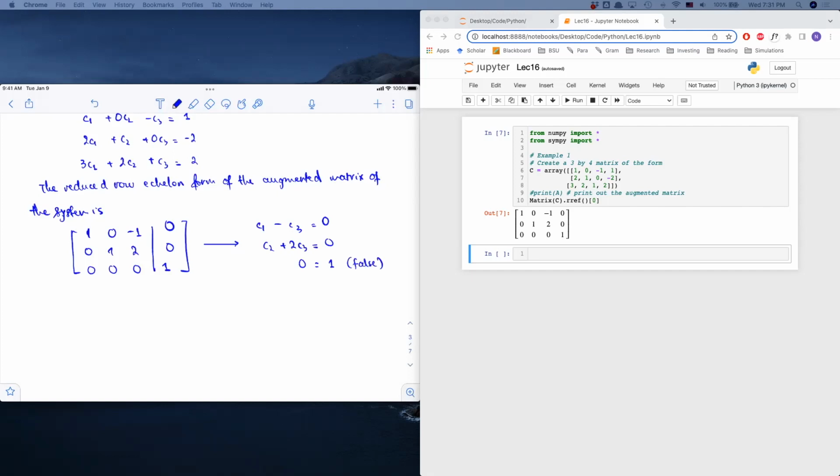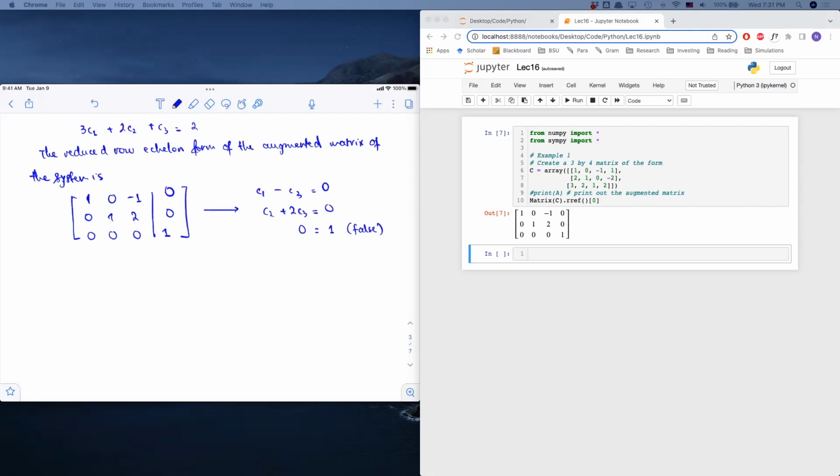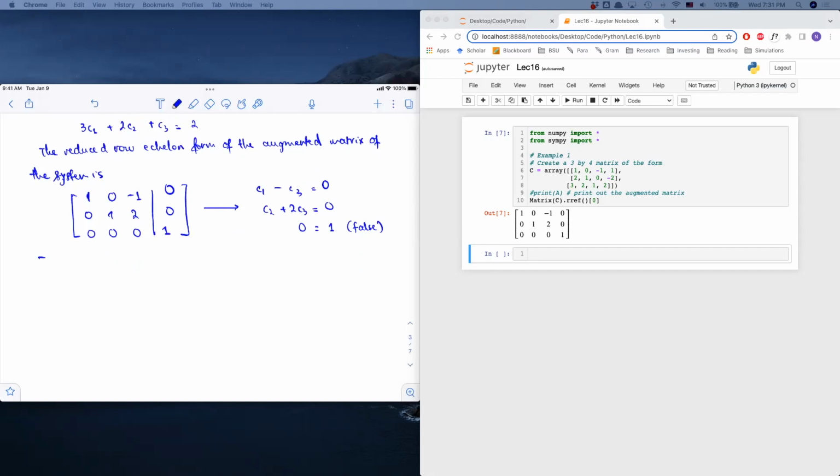Because it's a false statement, we're going to say that there are no solutions to the system. Then c1, c2, and c3 do not exist.